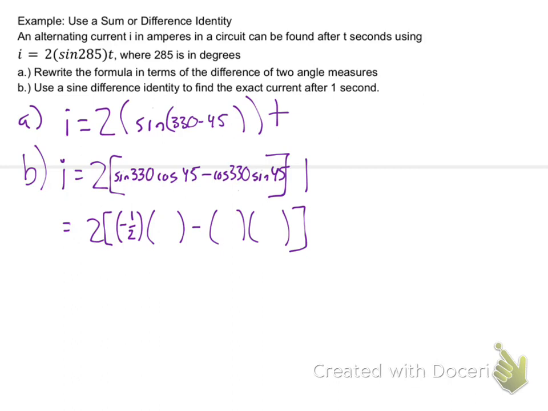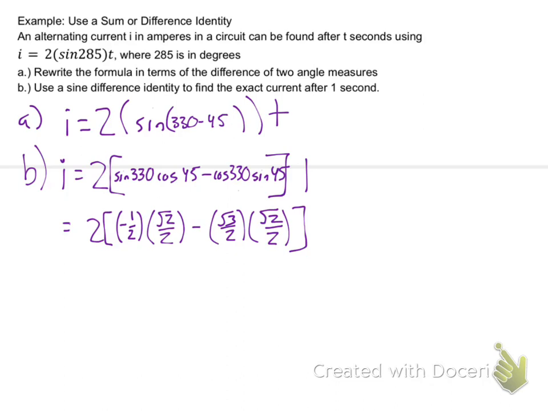Cosine of 45? Square root of 2 over 2. Cosine of 330? Square root of 3 over 2. Is that supposed to be negative or positive? Positive. 4th quadrant, cosine's positive. And sine of 45? Square root of 2 over 2.